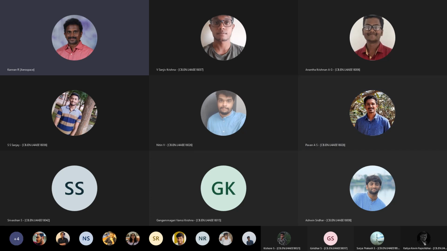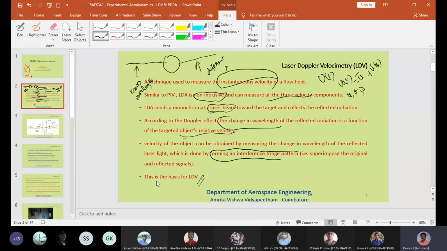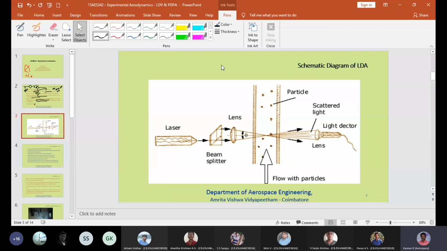Now we'll go ahead with our own discussion. So this is the principle behind your LDV. Next, this is a schematic diagram; already we have seen that. Your laser light we are going to split with the beam splitter.